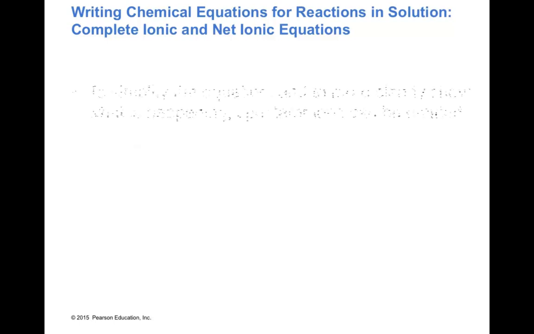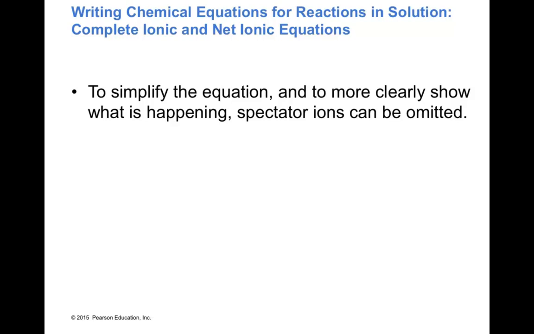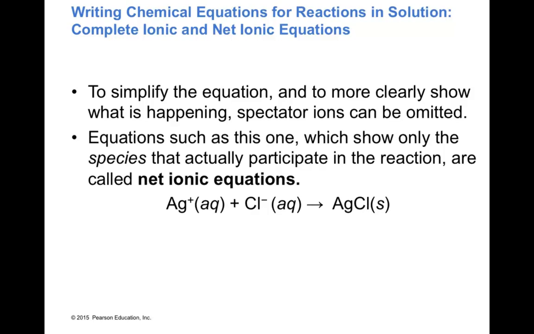To simplify the equation and to more clearly show what is happening, spectator ions can be omitted. Equations such as this one, which shows only the species that actually participate in the reaction, are called the net ionic equation. So in the net ionic equation, you're going to show just the ions that are involved in the reaction.